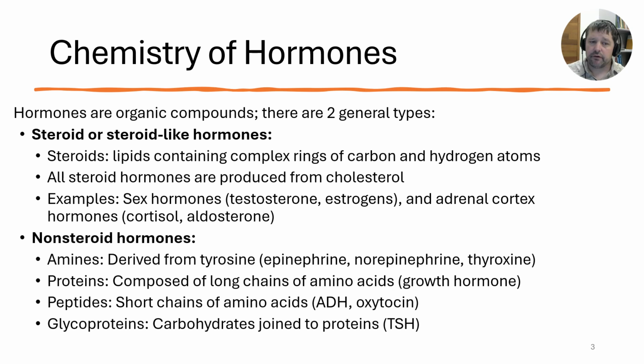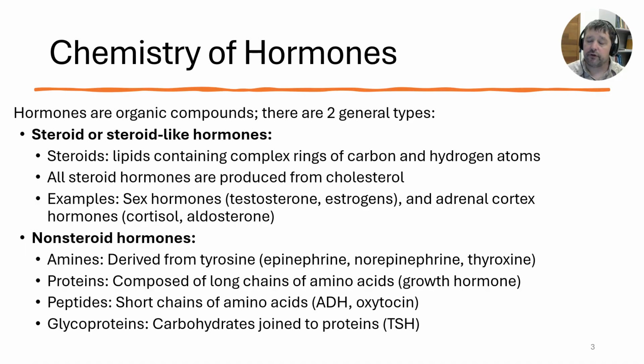And then the other are non-steroid hormones, and these can be in many different forms. Normally, they are somewhat protein based, or at least a derivative of a protein. So you can have what we call amines, which are based on amino acids and derived from tyrosine, which is a type of amino acid. So epinephrine, norepinephrine, these other things are associated with it.